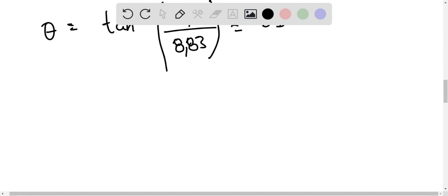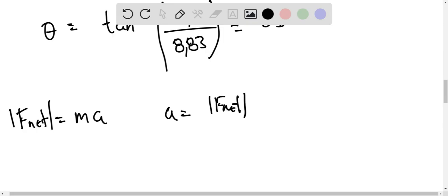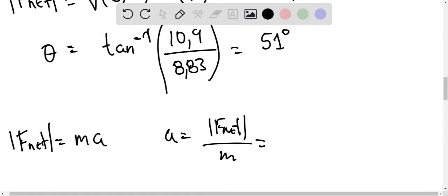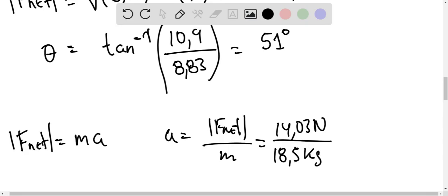The final thing to find is the acceleration. We know that the net force is equal to mass times the acceleration, so solving for the acceleration, we have the net force over the mass. In this case, the net force is 14.03 newtons and the mass is 18.5 kilograms.